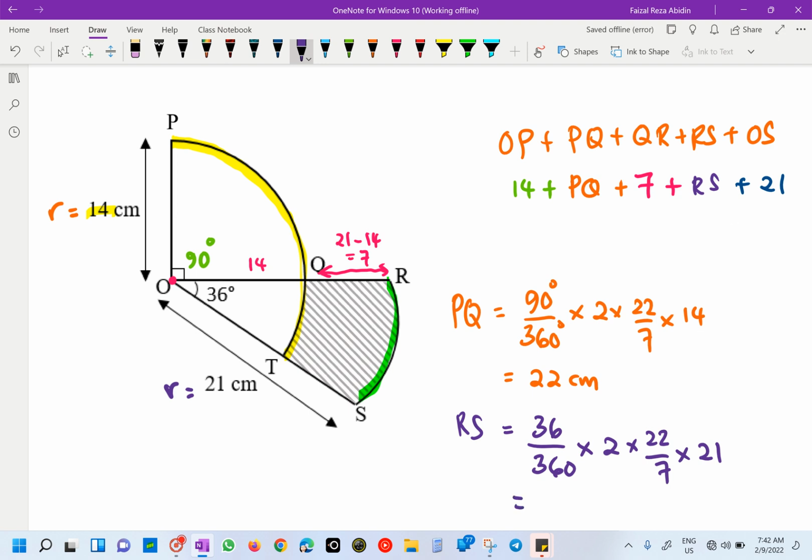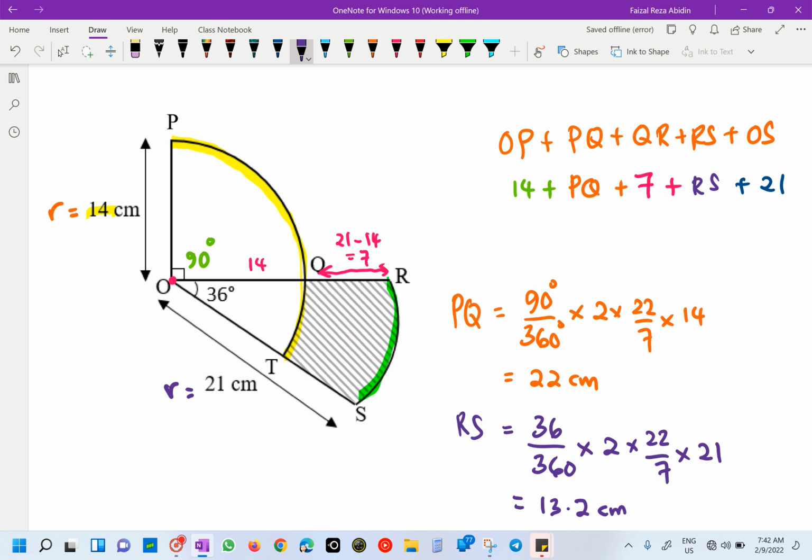So we are going to have for RS over here is going to be 13.2 centimeter. Okay. Either one. Either you find PQ or RS there. If I look at 22 centimeter or 13.2, 1 mark given. Either one. Okay. Not both.